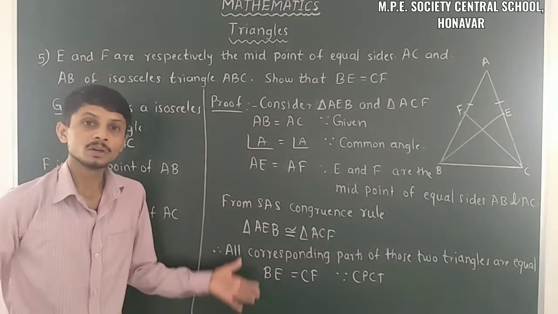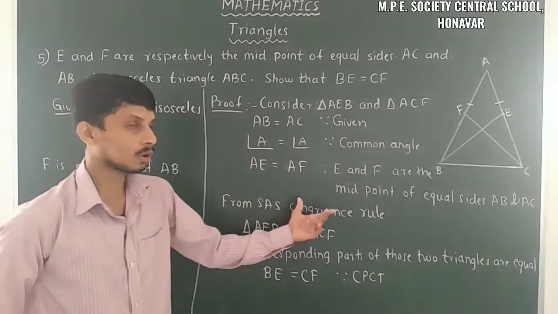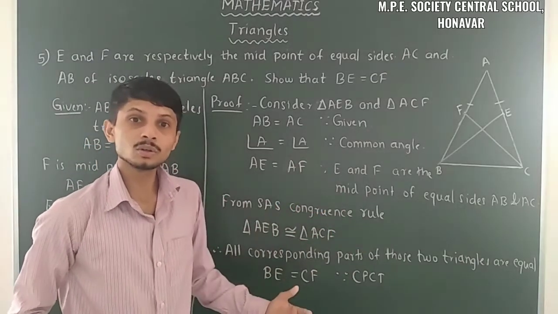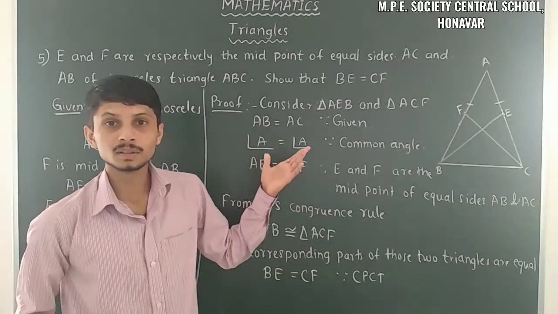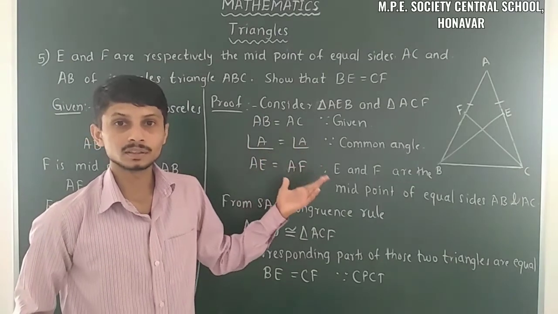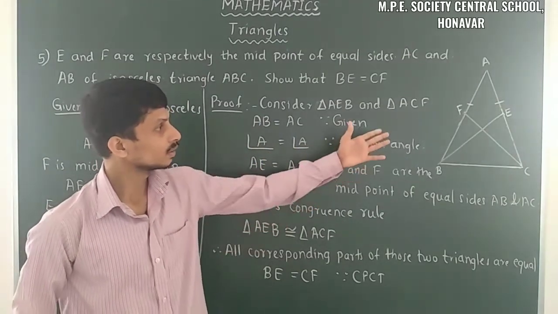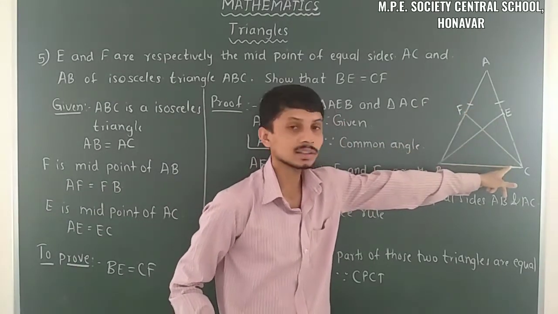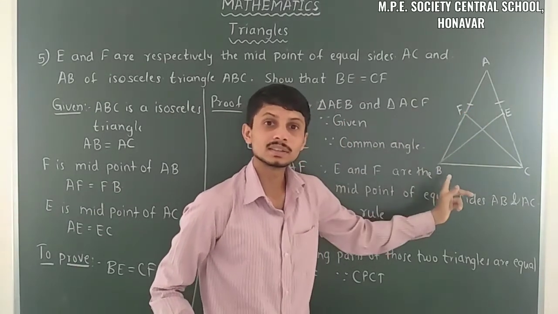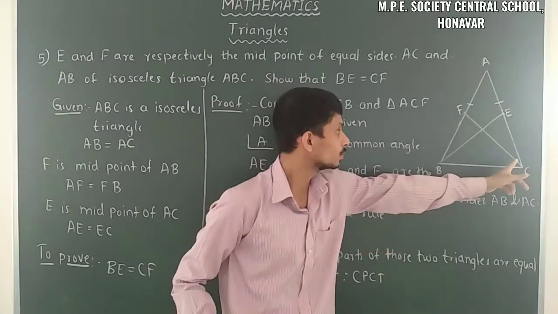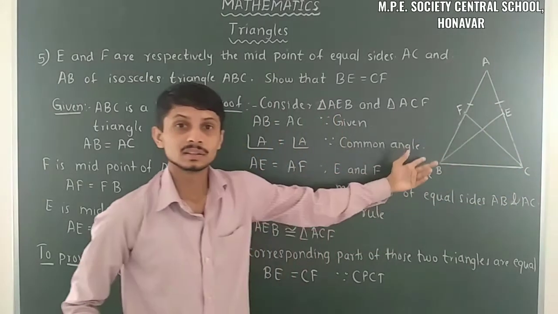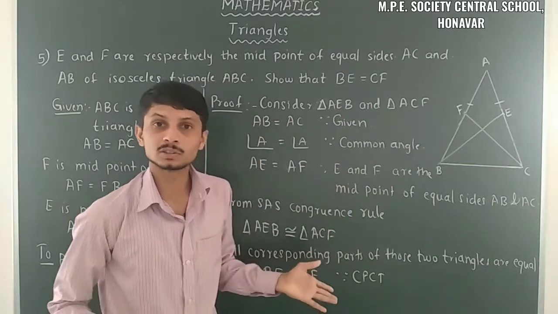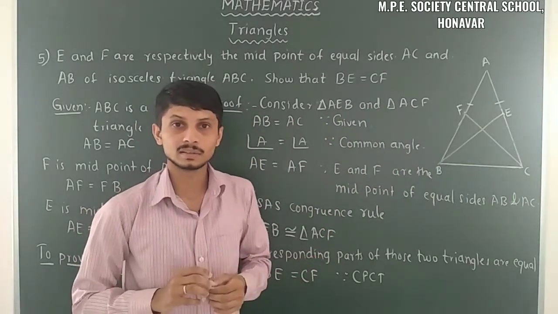We proved it with the help of SAS congruence rule, also using Theorem 7.3. Here these two sides are equal and the angles opposite to these sides, angle B and angle C, are also equal.